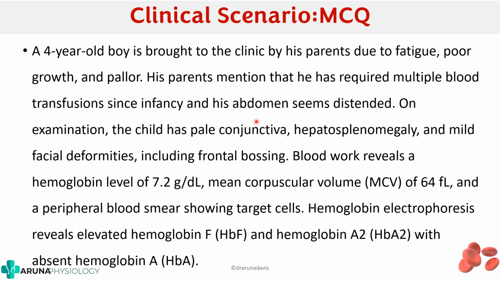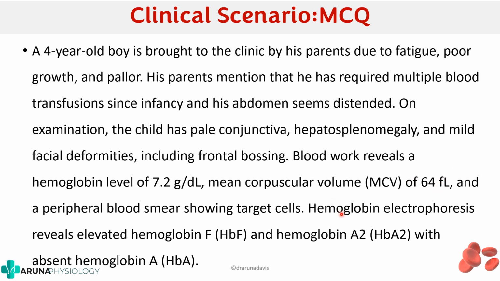Initially they've said he's got poor growth and pallor. Then the next key point is that he's required multiple blood transfusions. He's got pale conjunctiva, he's got bony deformities. On examination, he's got anemia, and it is a microcytic anemia.